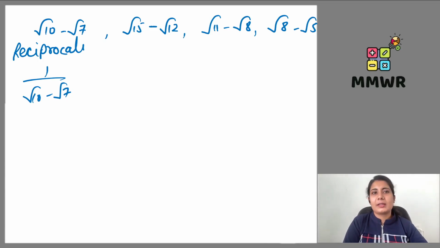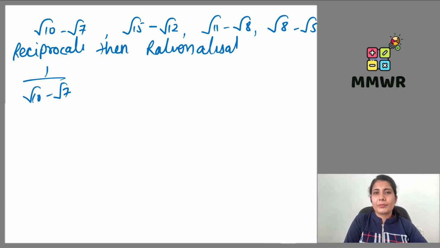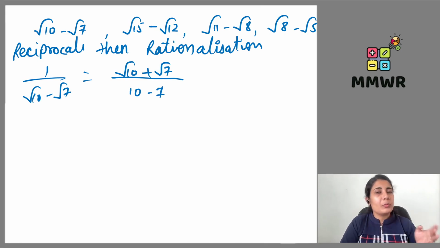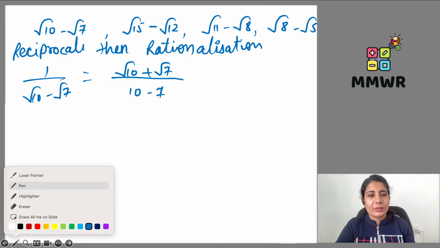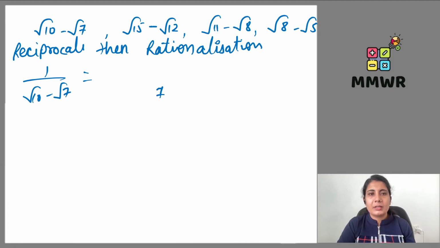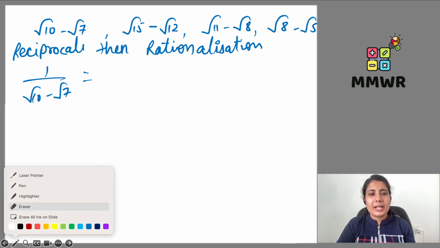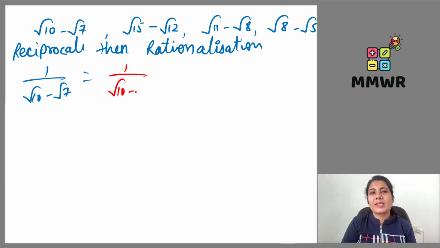Now I will rationalize: reciprocal, then rationalization. Rationalization means that I have to multiply 1 upon root 10 minus root 7 by the opposite sign, so root 10 plus root 7.